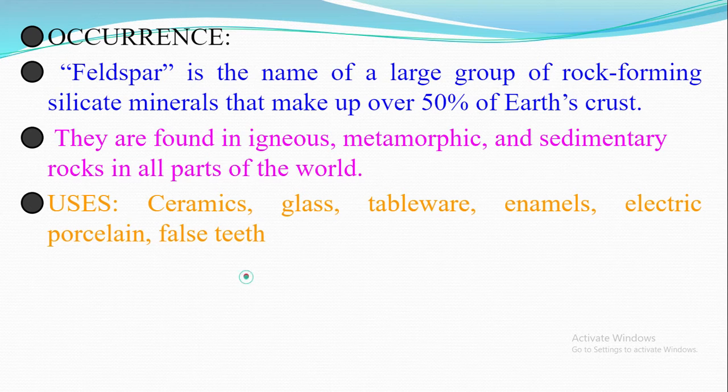But we will restrict ourselves to study this mineral as a rock forming mineral and how it contributes to the strength of a particular rock by seeing its properties. So in a nutshell, feldspars are a very important rock forming mineral, number one point.